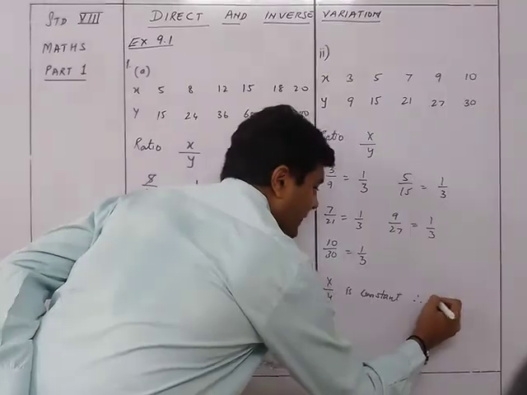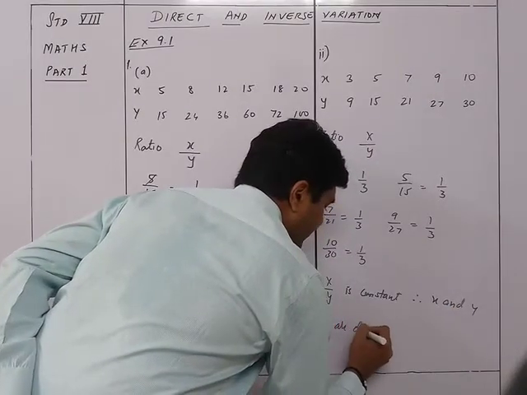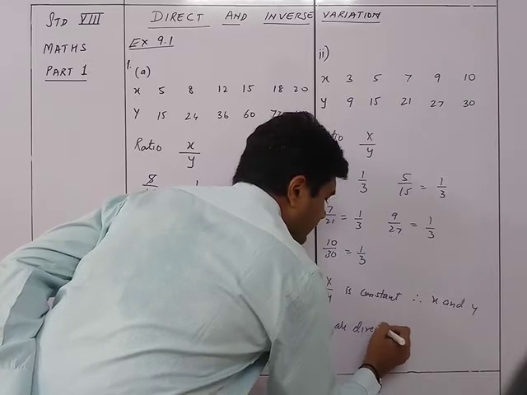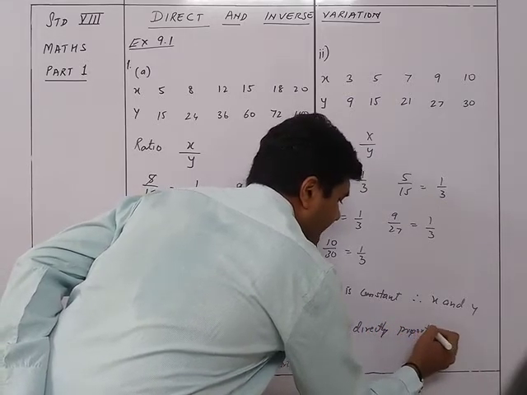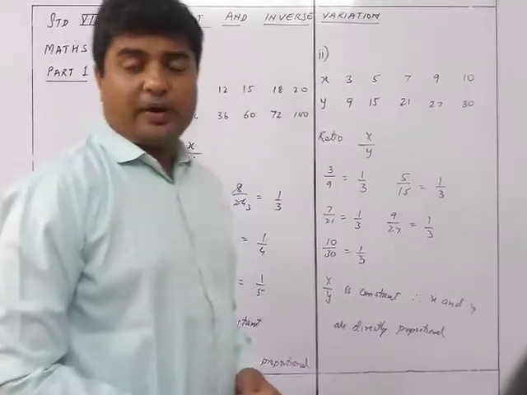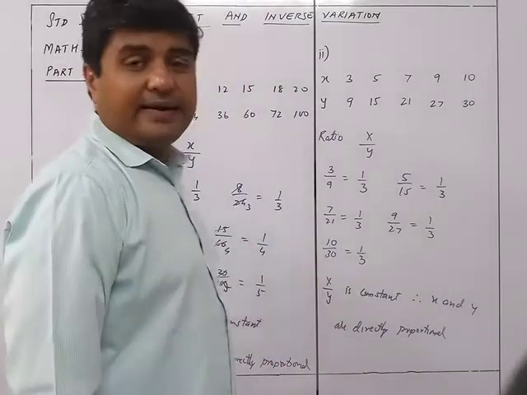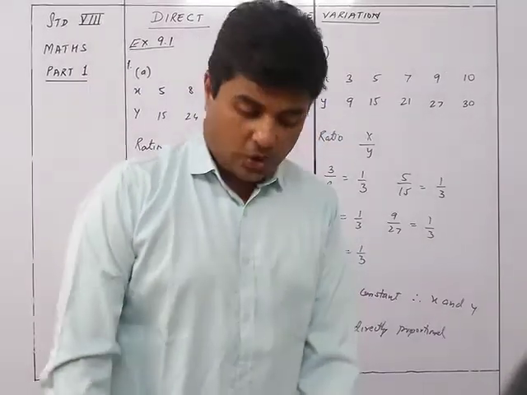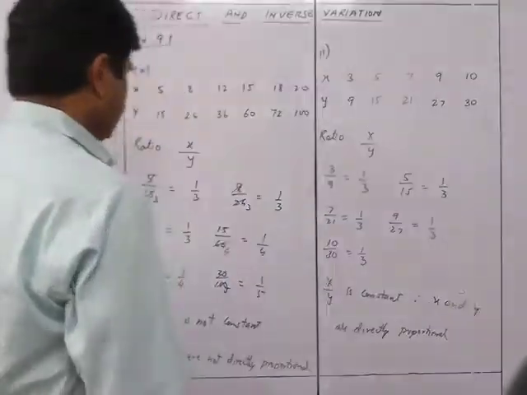Therefore x and y are directly proportional, because the ratio x upon y is constant. We move on to the next sum.